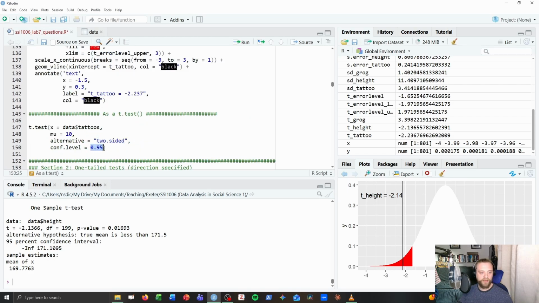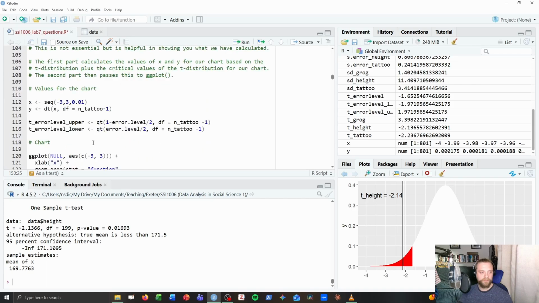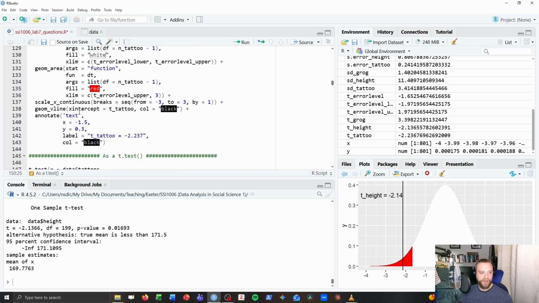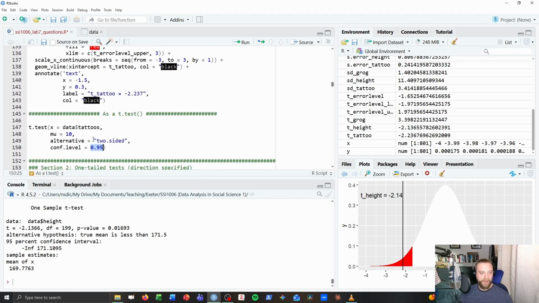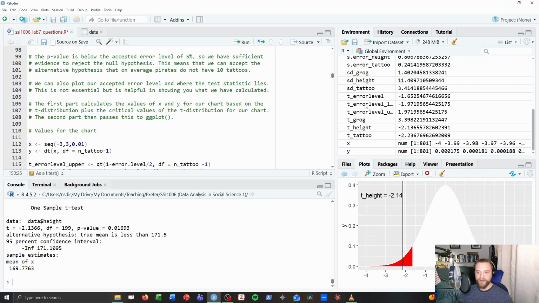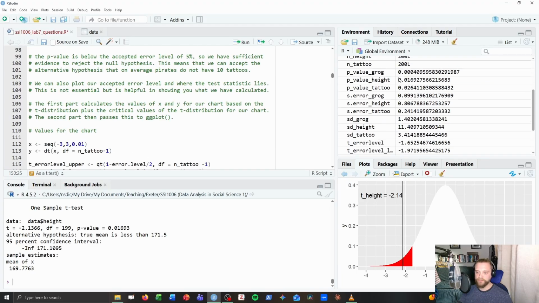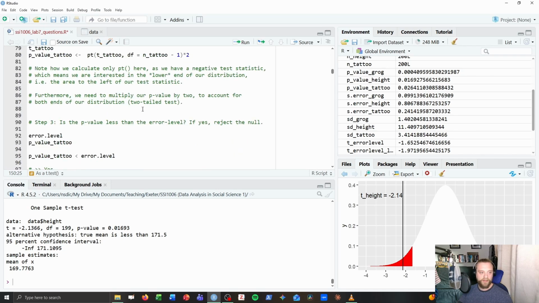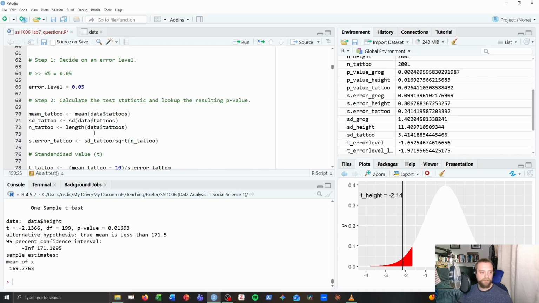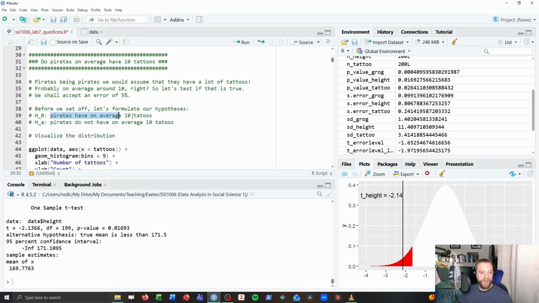And just aligning our confidence level with whatever our acceptable amount of error is. And if that level of error expressed by the p-value, so our p-values here, is less than our acceptable error, we reject our null hypothesis, and our alternative hypothesis is supported.